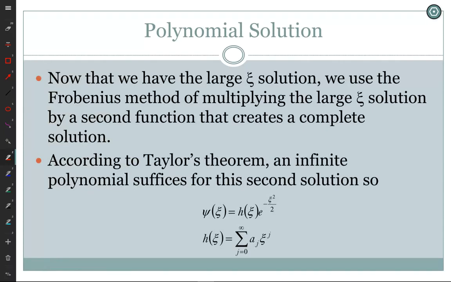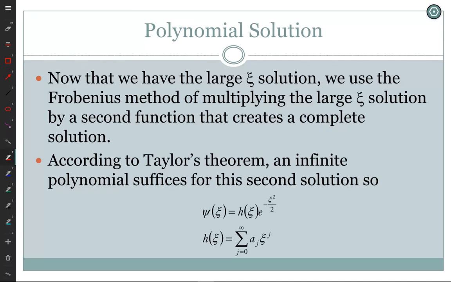What we do is we say, well, if this is our large amplitude solution, we should be able to make our full solution by multiplying it by another function that is going to give us the correct result at small amplitude for our complete solution. And so Taylor says, I can make any function if I just take a linear combination of each exponent possible.